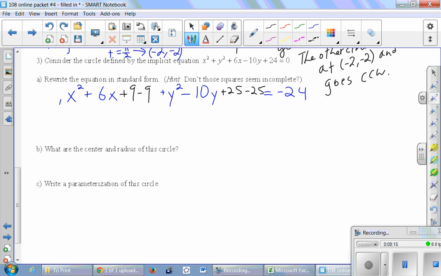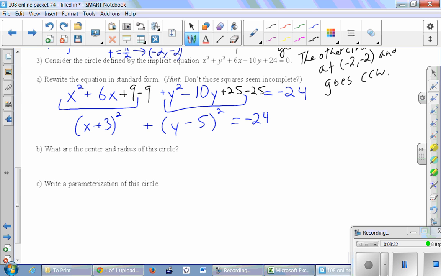Okay, these terms right here, if you factor, you get x plus 3 squared. These terms here, if you factor, you get y minus 5 squared equals, and now we're going to be clever and move everybody to the right-hand side. So we're going to add 9 and add 25, which will take care of this minus 25 and minus 9.